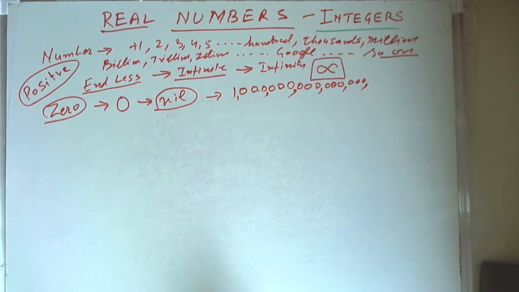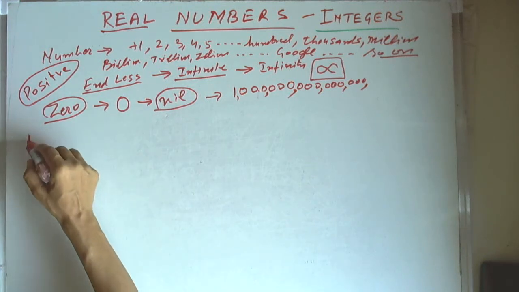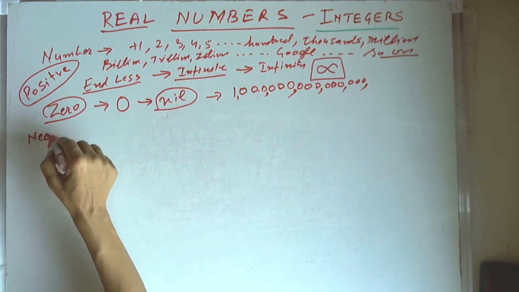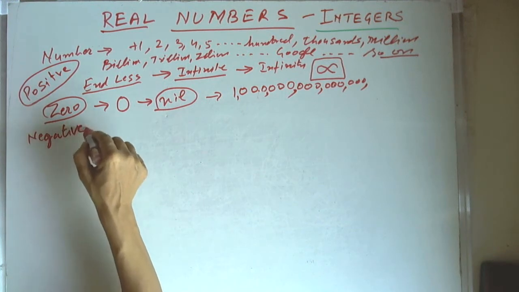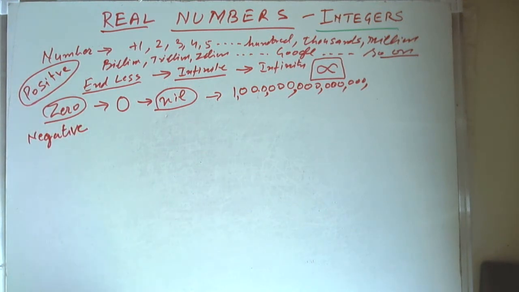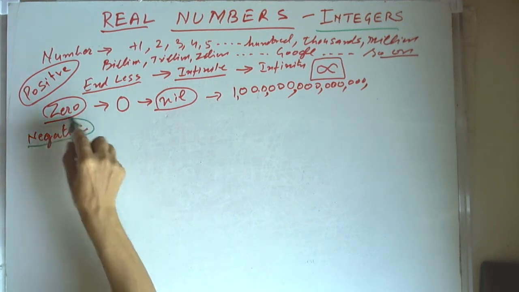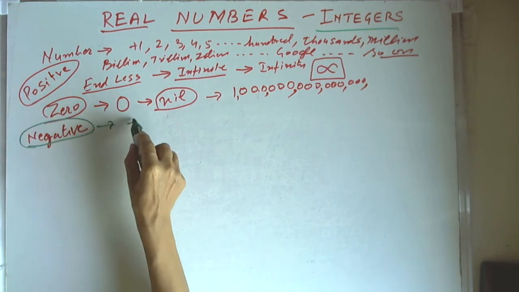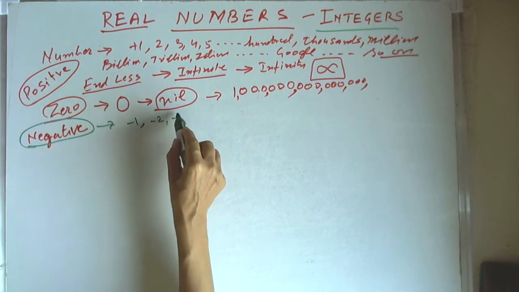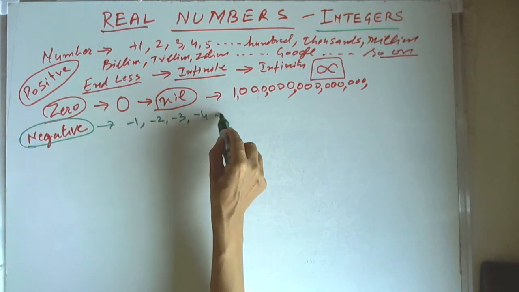Now similar to positive numbers, we also have negative numbers. Let me take a different color pen. Negatives are written as -1, -2, -3, -4, and so on.